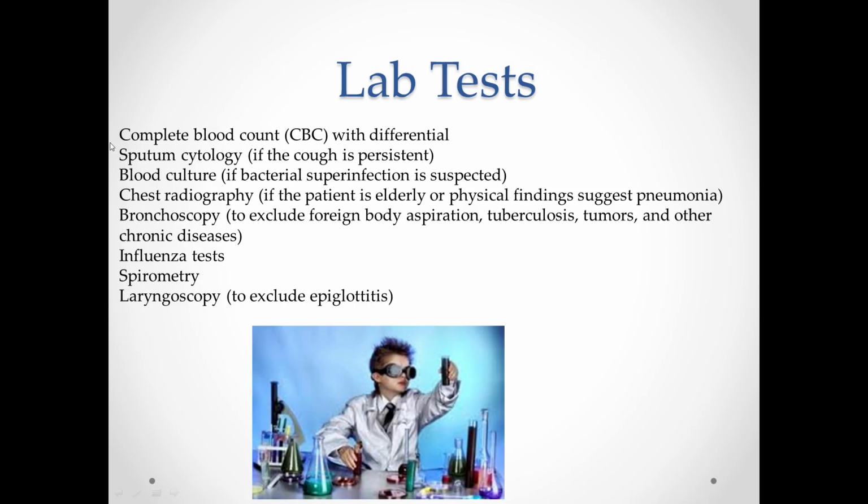Lab tests would be a complete blood count with differential, some sort of sputum cytology or sputum sample, a blood culture if there's suspected sepsis associated with it, or if some sort of bacterial superinfection is suspected. Chest radiograph if the person's elderly, or physical findings suggest pneumonia.